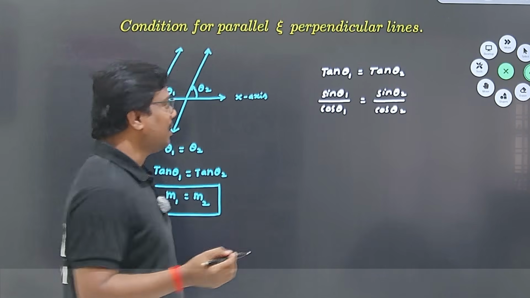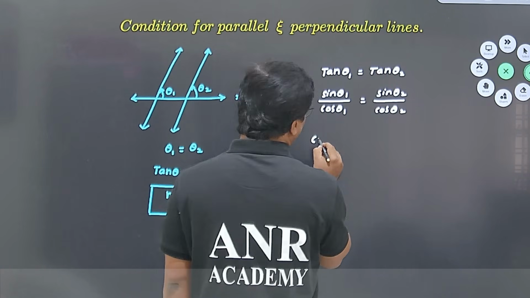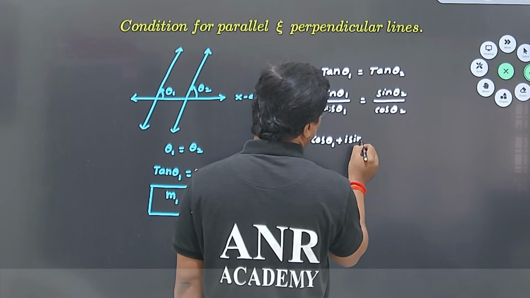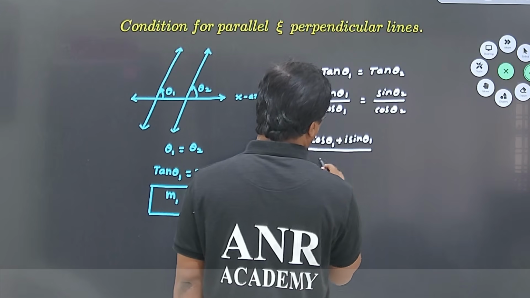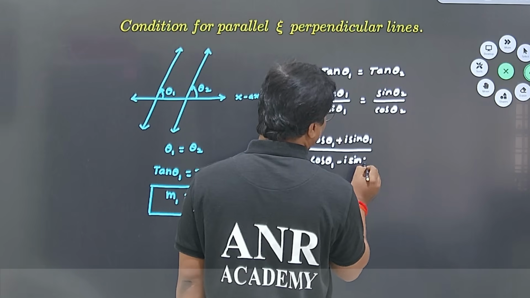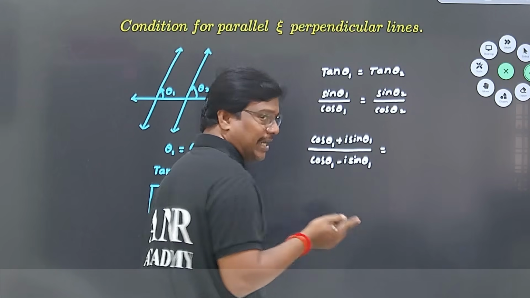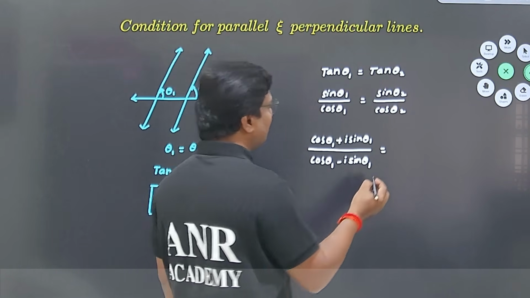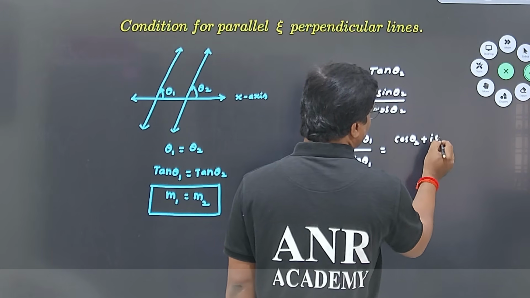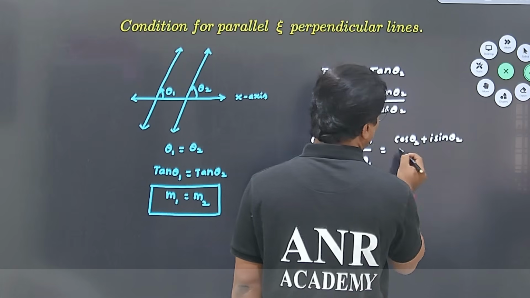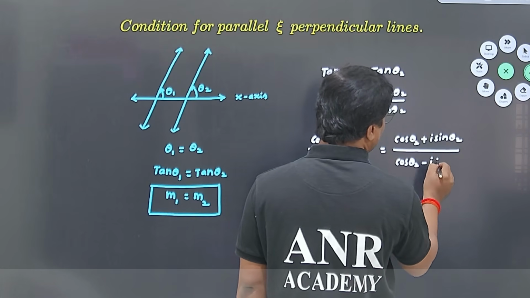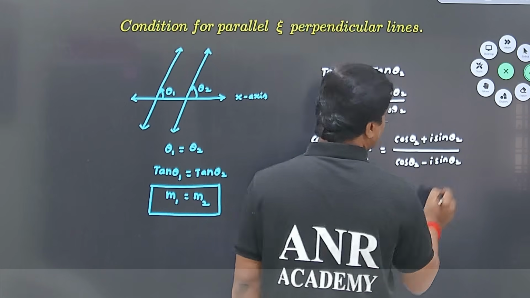By ratio proportion, cos theta 1 plus i sin theta 1 divided by cos theta 1 minus i sin theta 1 on the left hand side is equal to cos theta 2 plus i sin theta 2 divided by cos theta 2 minus i sin theta 2.